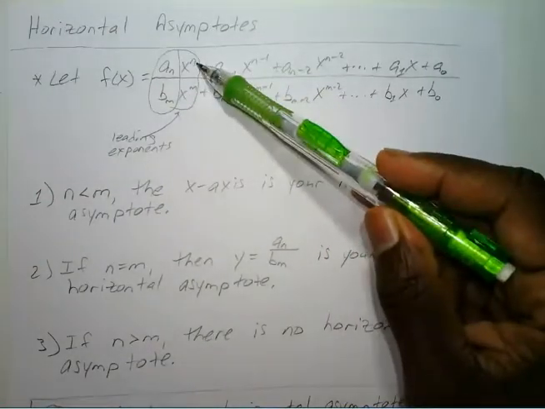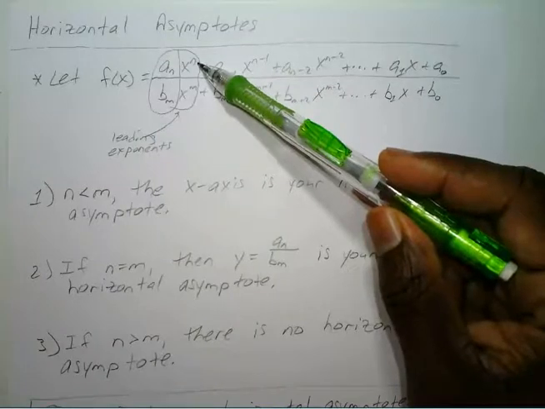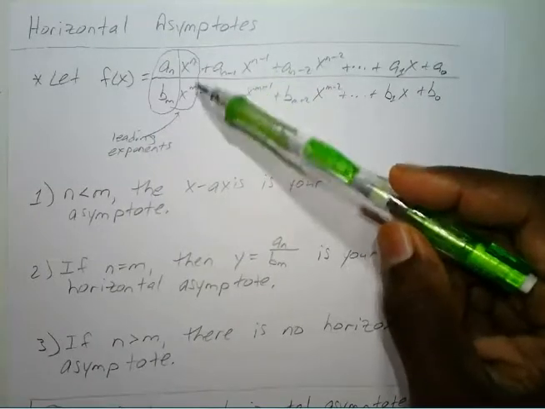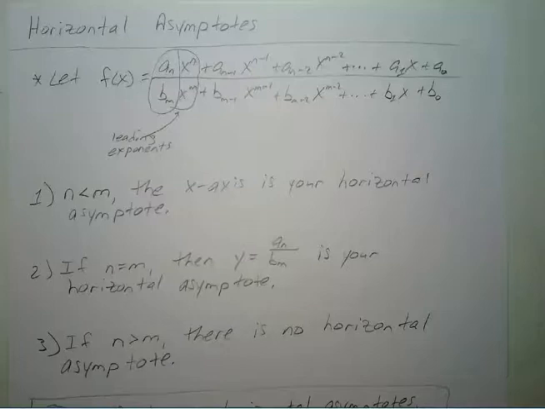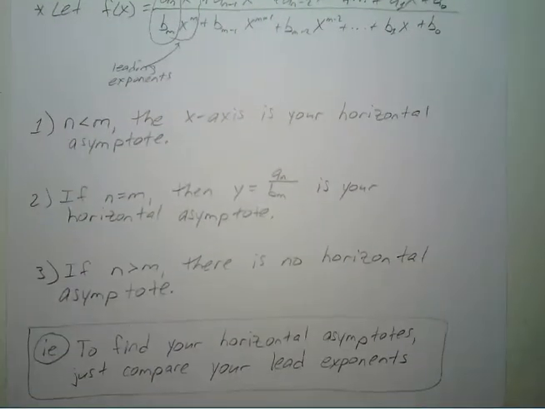And if the top exponent is larger than the bottom exponent, then there is no horizontal asymptote, and we will actually look into that a little bit later. So in other words, to find your horizontal asymptote, just compare your lead exponents.